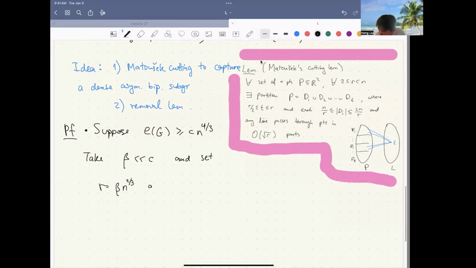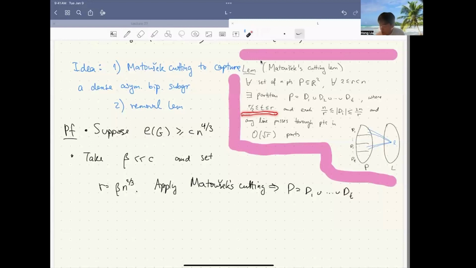Now apply Matoušek's cutting lemma. We will get this partition P equal to D1 to Dt, where t is roughly r. Good. And the property we have is every vertex, which is a line on the right, has neighbors only in some absolute constant c times square root r many parts, many different Di's.